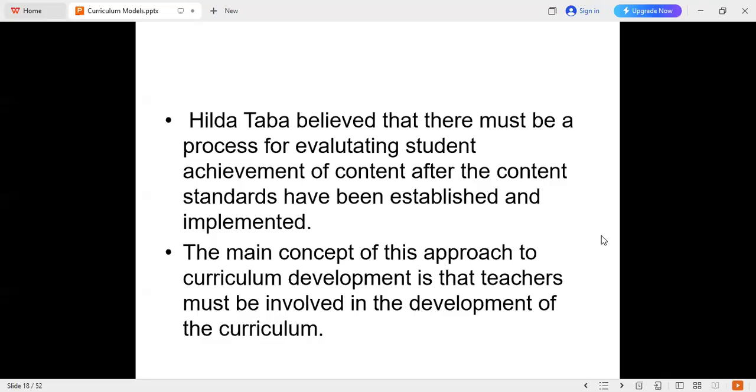It can be done by the senior management, but teachers also should participate. Participatory, we can see a participatory approach. The teachers must be involved in the development of the curriculum. That is a new point recommended by Hilda Taba.